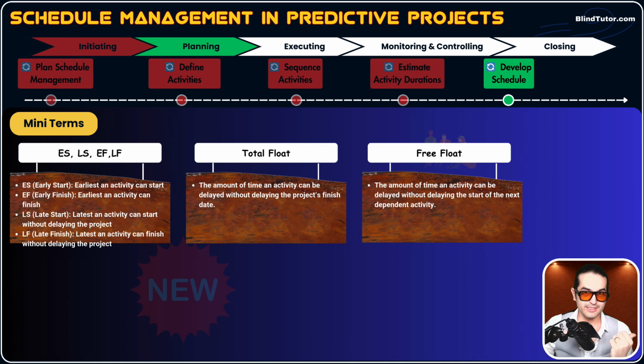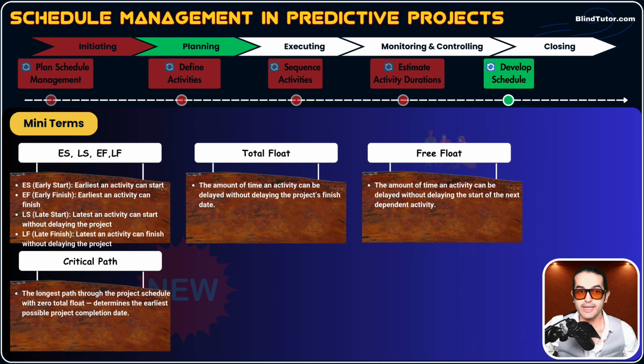Last one, the previous activity is called predecessor activity. If this is the current activity, the next one is successor, the previous one is predecessor activity. So free float is the amount of time this activity can be delayed without delaying the start of the successor activity. Okay, but total float talked about the whole project's finish date.